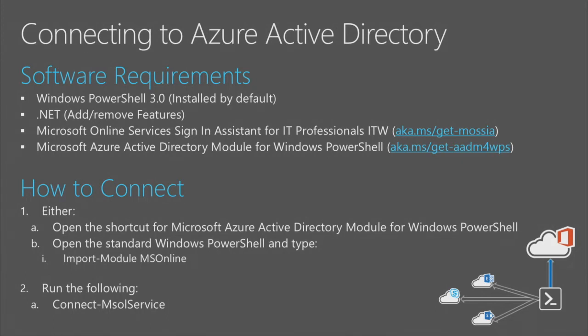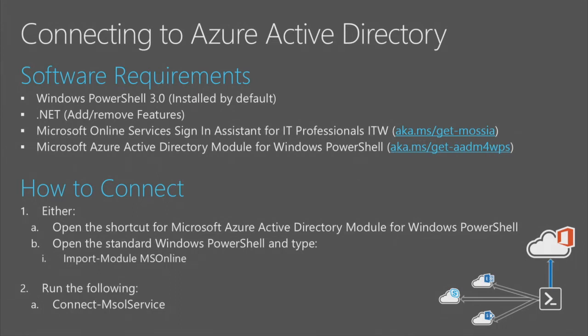Then there's the Microsoft Azure Active Directory module for Windows PowerShell. That one is really going to let you do things against those users in Azure Active Directory. You heard me talking about Get-MsolUser. We're going to see a lot more of that as we continue on.